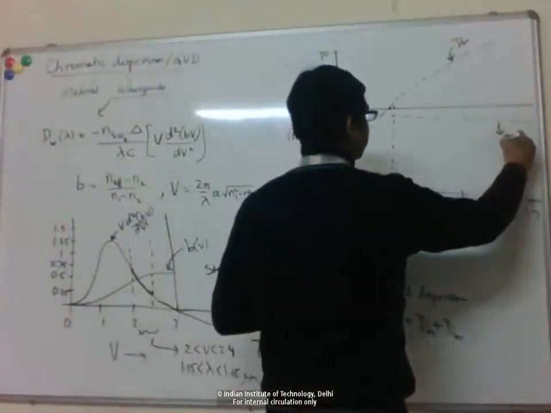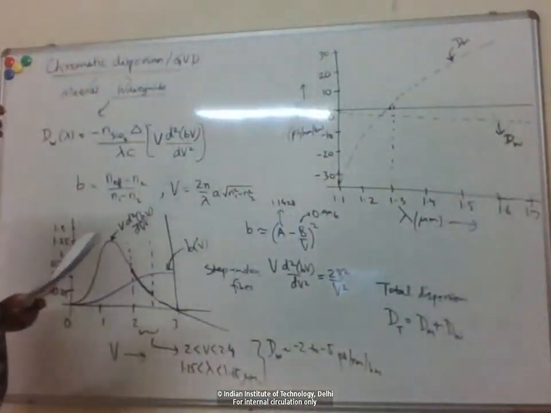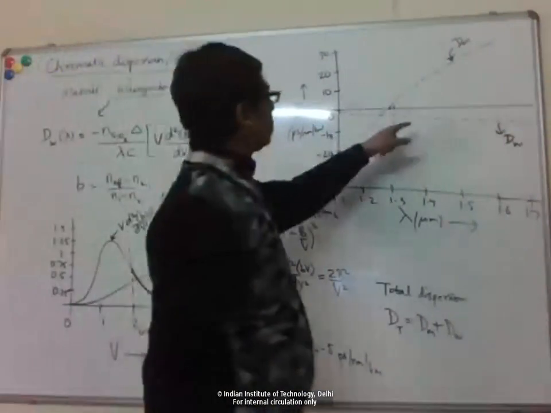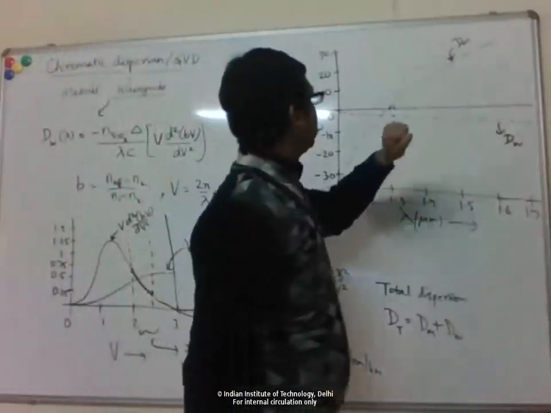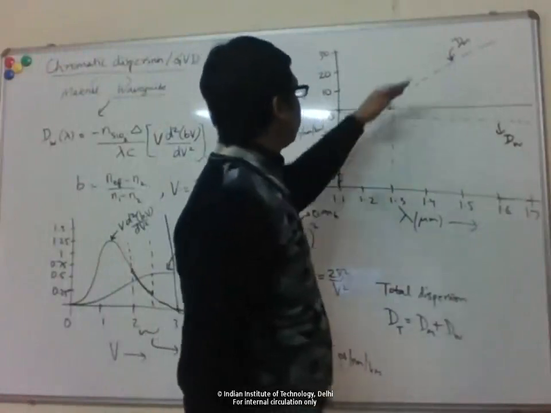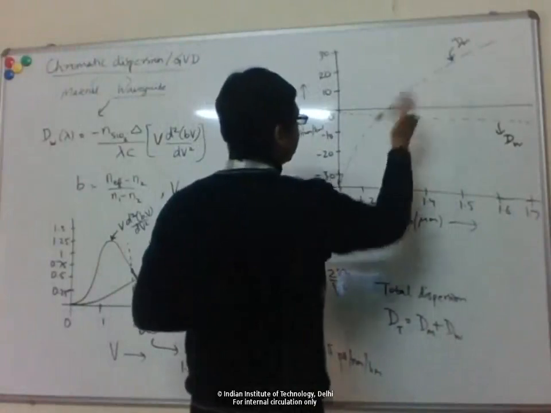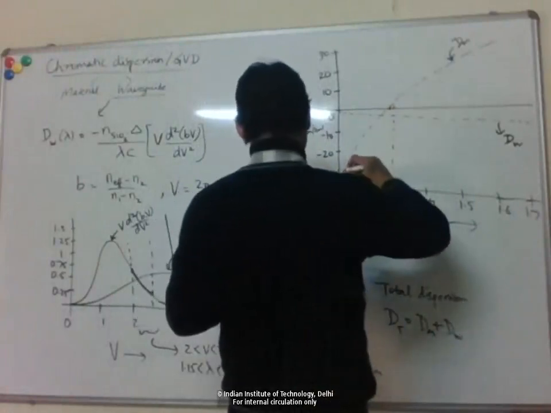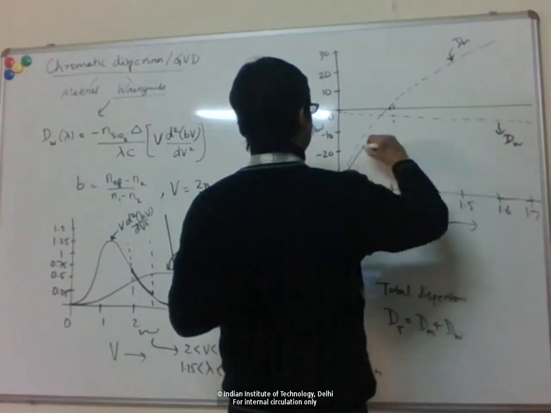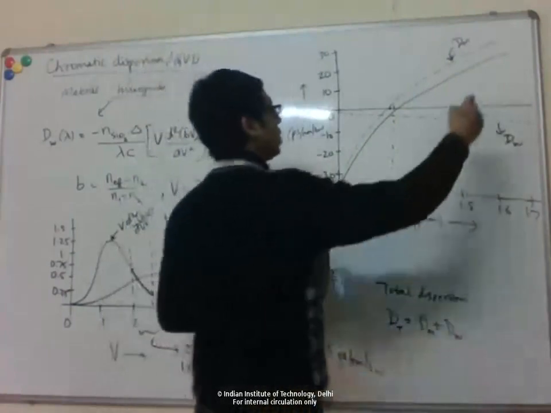So this is the waveguide contribution. Now when you add the two, you're adding a negative number to the material, or equivalently subtracting a small quantity from the material dispersion. So it shifts down a bit, and it looks like that. This is the total dispersion.